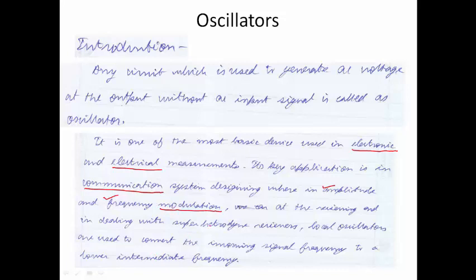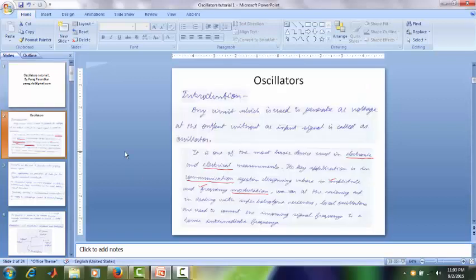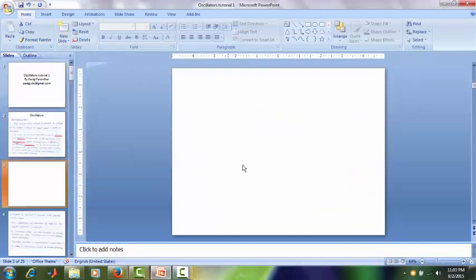Now here, many times we tend to hear about these as local oscillators. When we try to receive some data at the output, typical receivers use an intermediate frequency.